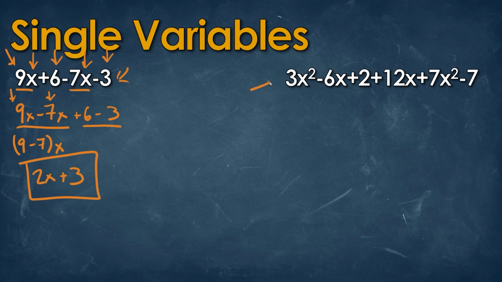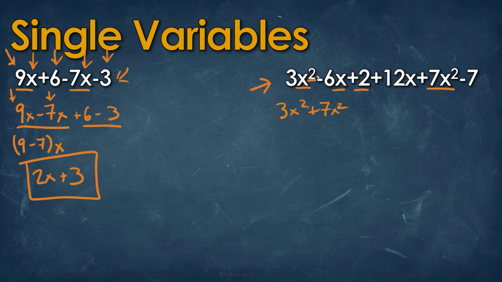Moving on to the next example, you'll notice that we have three different kinds of terms that we're taking a look at. We have an x squared, we have an x, and then we have our constant. It looks like we have two instances of x squared. We have 3x squared and we have 7x squared. We put these first on our list because we always place terms in order of the exponents that we see.